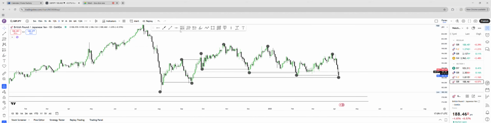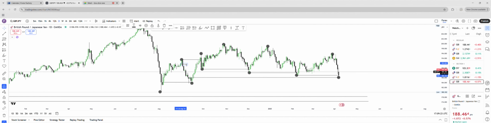So if you want to identify a structure now, in this case, this is a low, a high, a low. You see? Yeah. A high. We created a high, a low, a low, a low, a low, a high. Now a low. So what I'm showing you right now is a higher high.